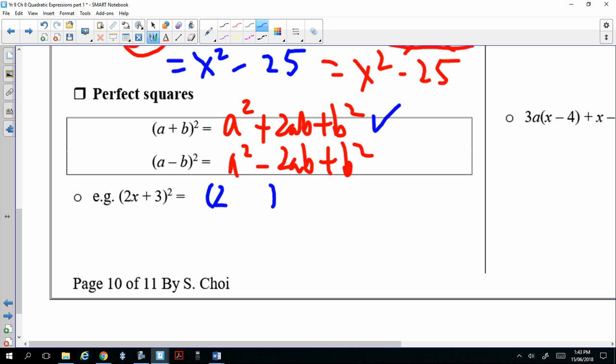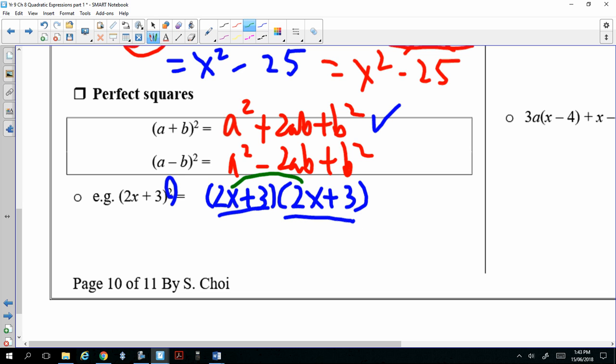So 2x plus 3, 2x plus 3. Because it's a square, you write this twice, exactly the same, twice. And do 2x times 2x. What's 2x times 2x? 4x squared. And then 2x times 3. Positive, they are both positive. 3 times 2x, 6x again.